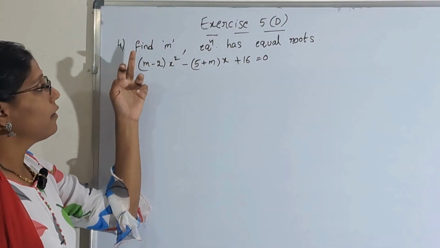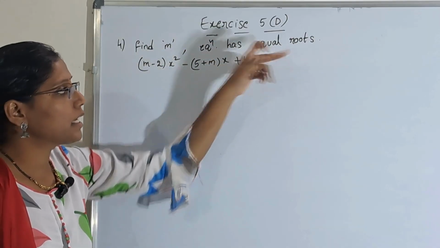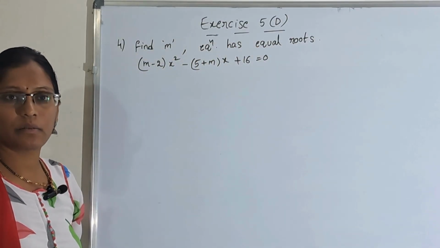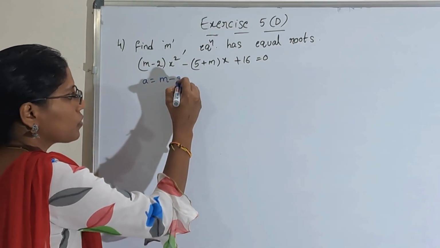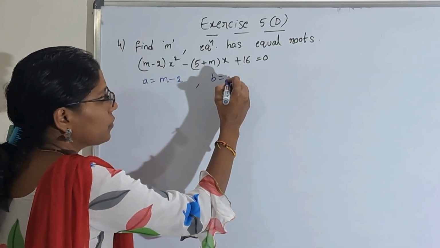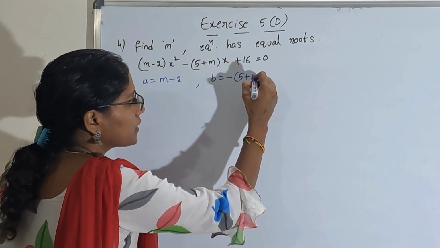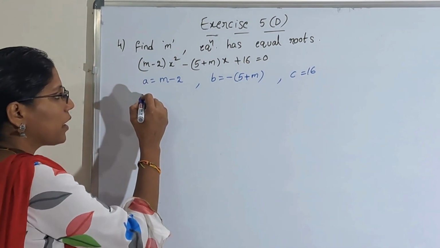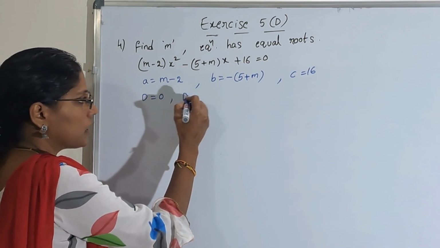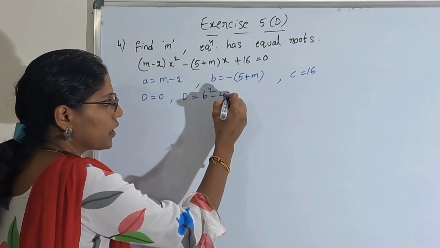Next, fourth main: find m value. The equation has equal roots. Equal roots mean discriminant value is equal to 0. Here a is equal to m minus 2. b is equal to minus of 5 plus m. Here c is equal to 16. Discriminant means D equal to 0. D is equal to b square minus 4ac.